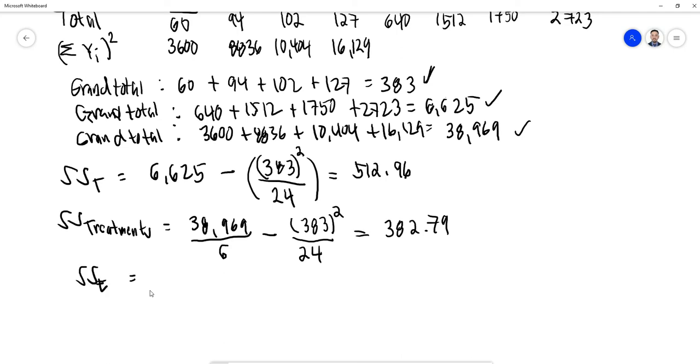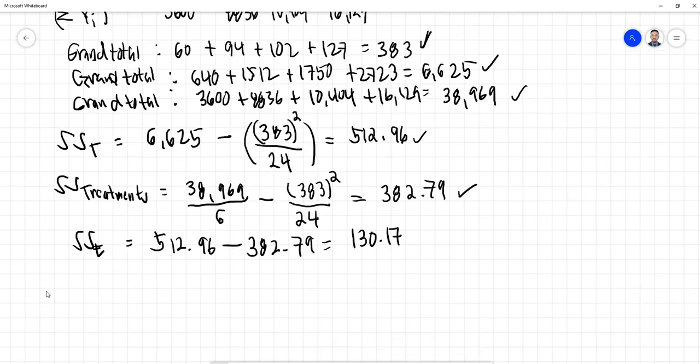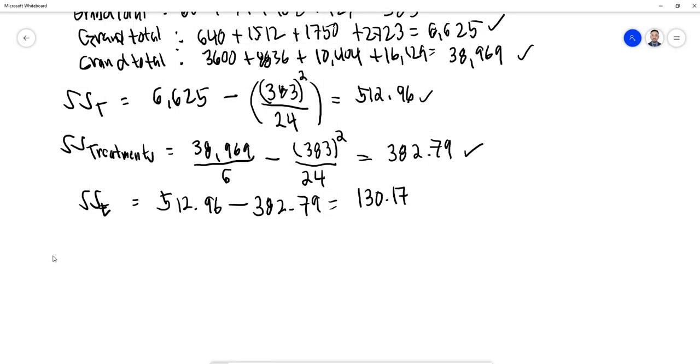Next, we will compute the sum of squares of errors. We will put SST here, 512.96, minus the SS treatments, 382.79, and we will get SSE as 130.17. Now we can solve for the mean square of errors, MSE.